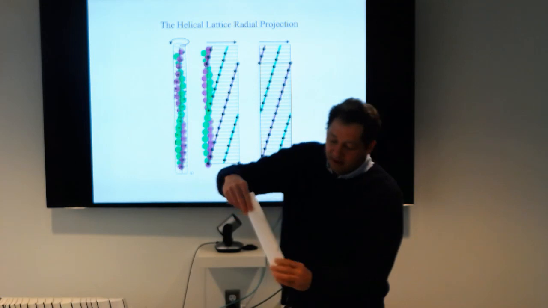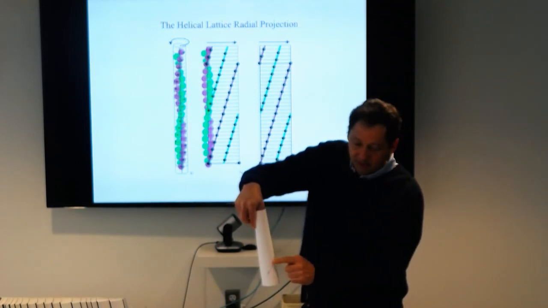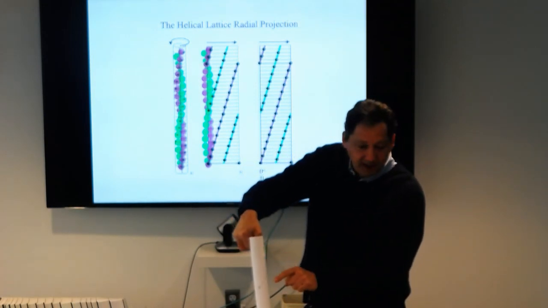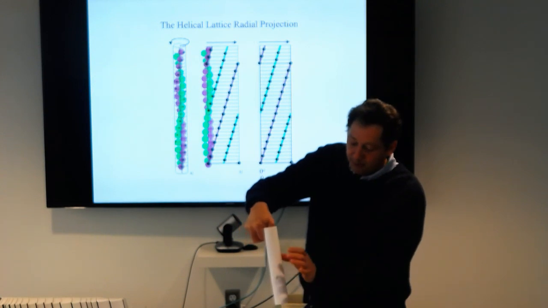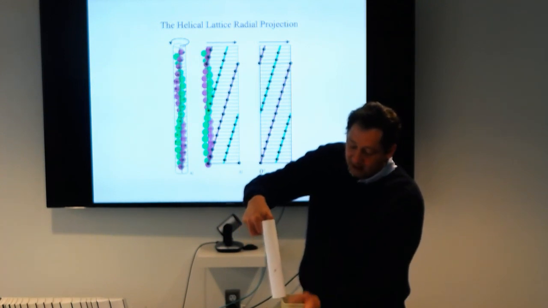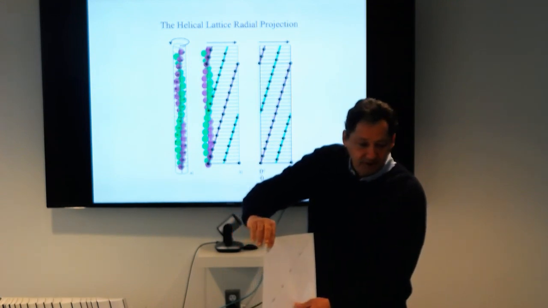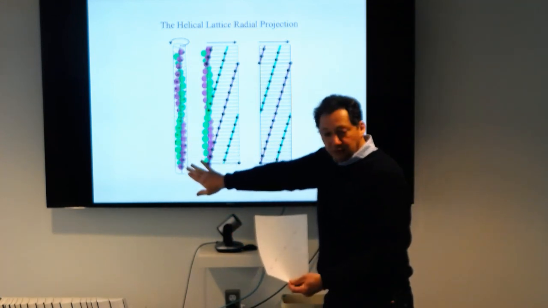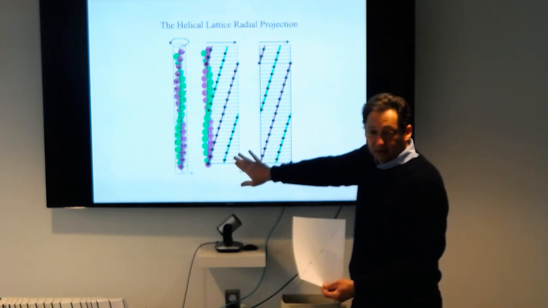So you can see you have a subunit here, you turn here. So this is your helix. And the projection is you're now gonna take a radial projection and open this to go from your helix to this. Okay?